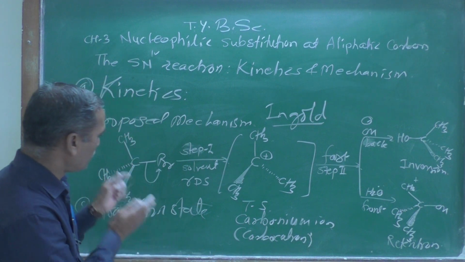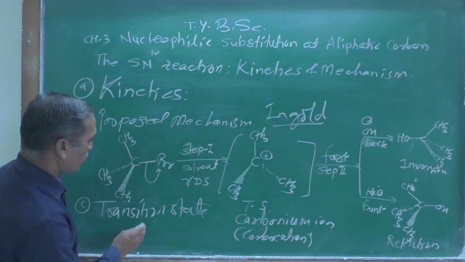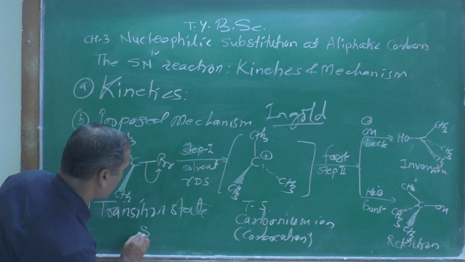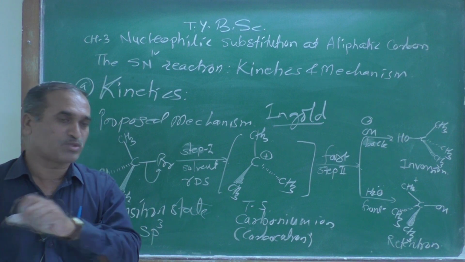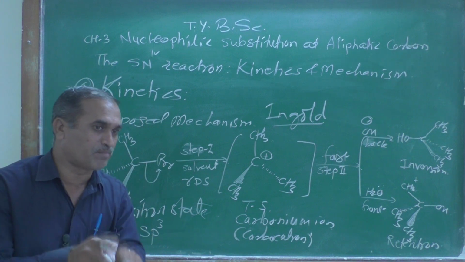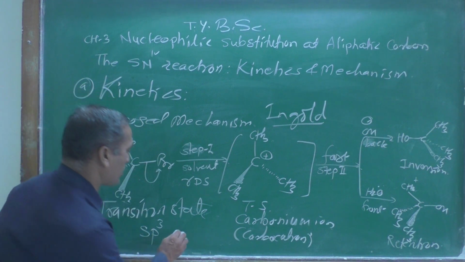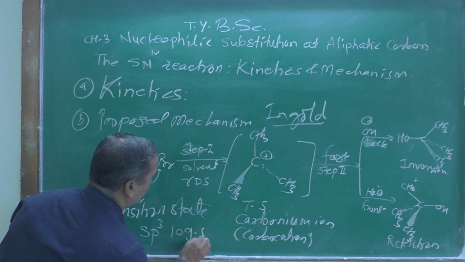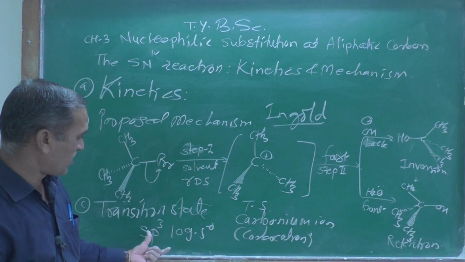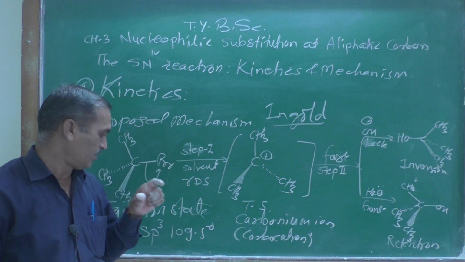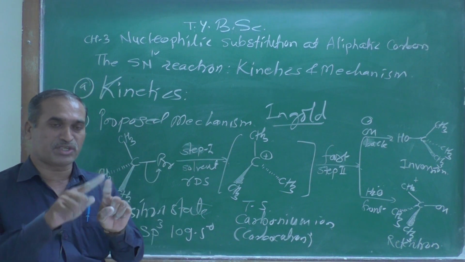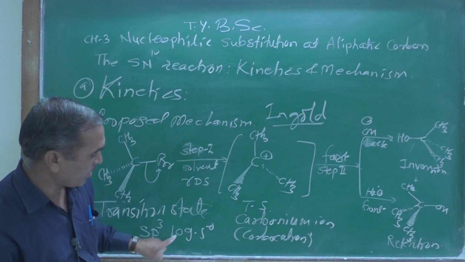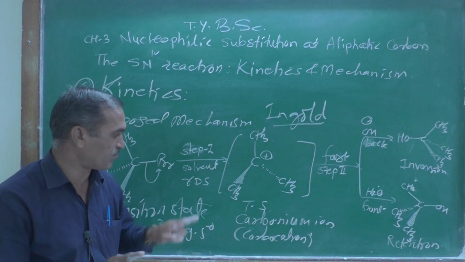If you look at the substrate here, what type of hybridization does it have? It has sp3 hybridization, and as we know the bond angle of sp3 is 109.5 degree. The structure is tetrahedral.